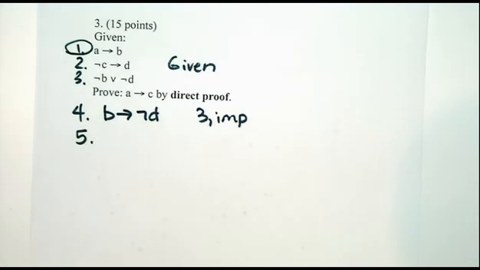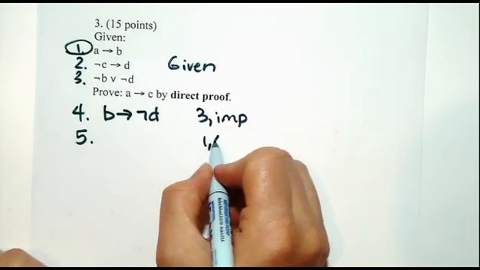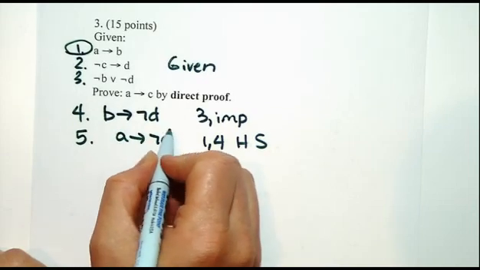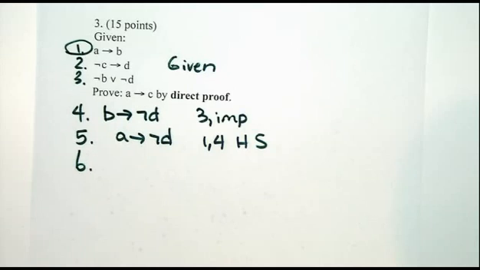All right, so now I did line 4 because of wanting to get that B together with line 1. So now I'm going to combine 1 and 4 in hypothetical syllogism, and I'll get A implies not D. Okay, so now I've got my A implies, but that pesky not D is on there.